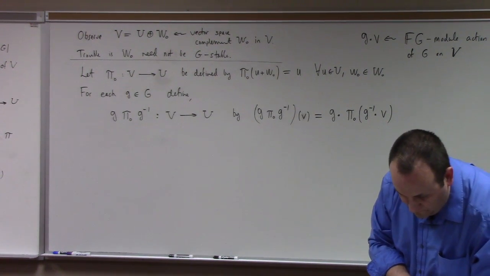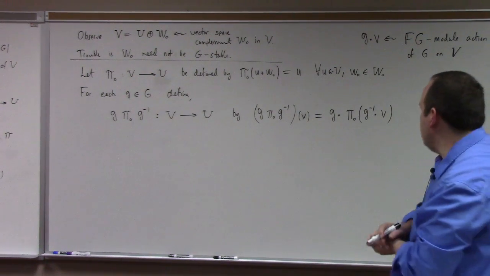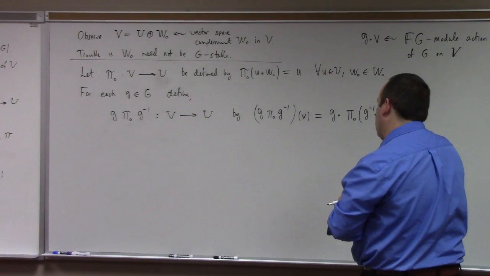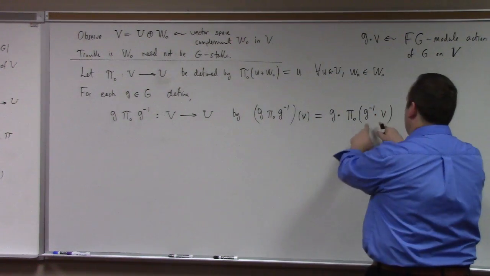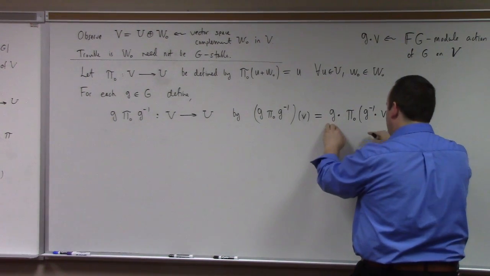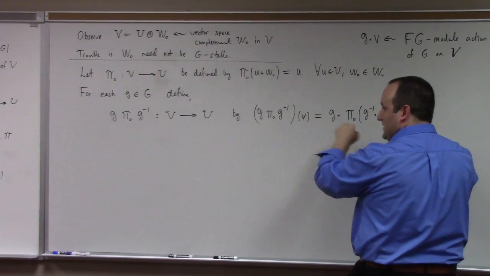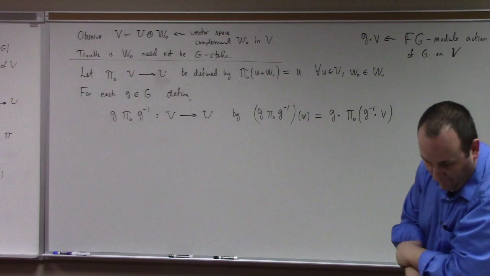So let's see here. This is linear, that is linear, that is linear. So it's a composition of linear things, so this is linear. Good there.